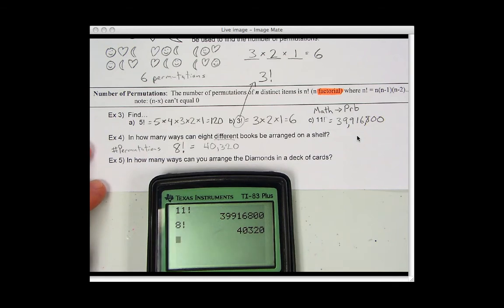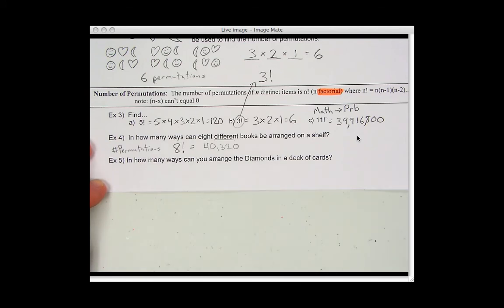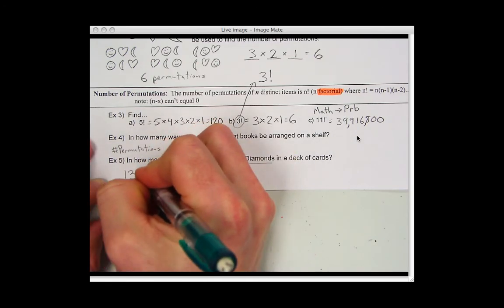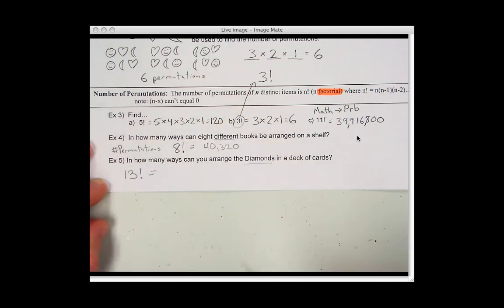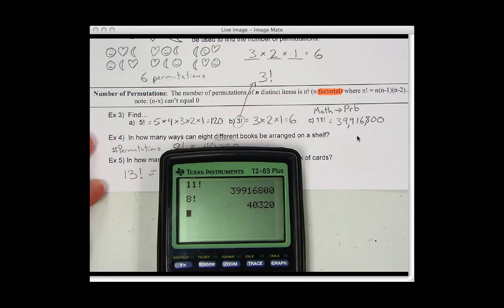Another example, in how many ways can you arrange the diamonds in a deck of cards? So we think diamonds now, and there are how many diamonds? 13. So this is just 13 factorial. So we type in 13, math, PRB, and then the exclamation point.